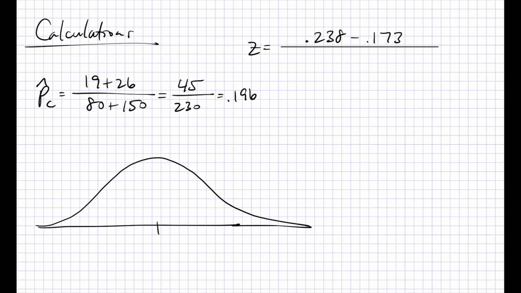Down here, we're going to use the pooled p hat. We still need the sample size here. So the sample size for sophomores was 80, and the sample size for freshmen was 150.